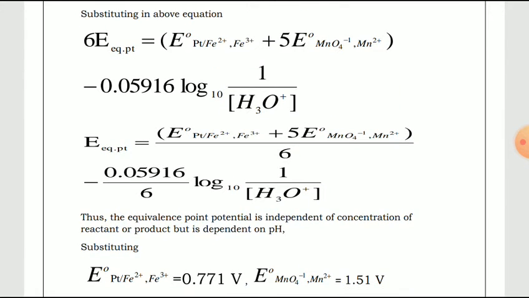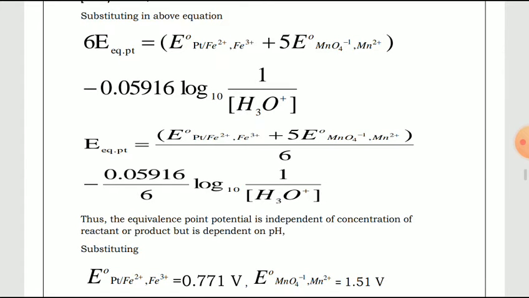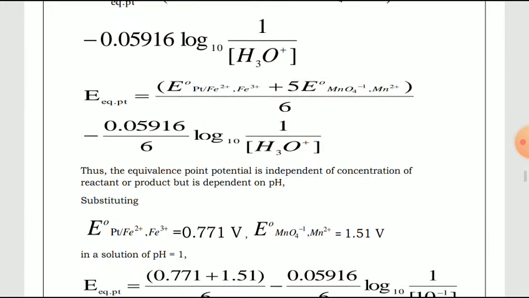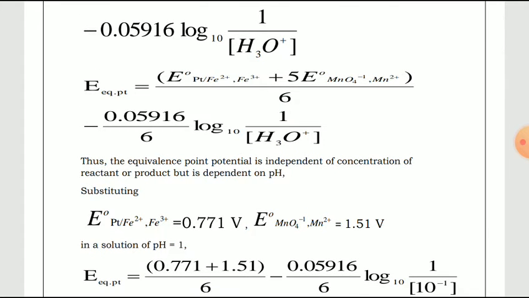Substituting E naught for the ferrous ion system, that is the standard electrode potential, 0.771 volt, and the standard cell potential for the permanganate solution, that will be 1.51 volt. Then the above equation becomes E equivalence point is equal to 0.771 plus 5 into 1.51.